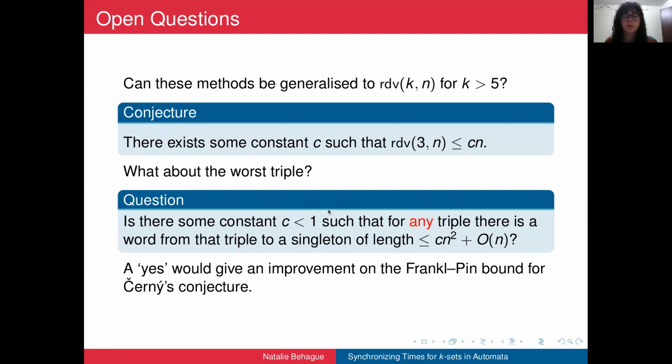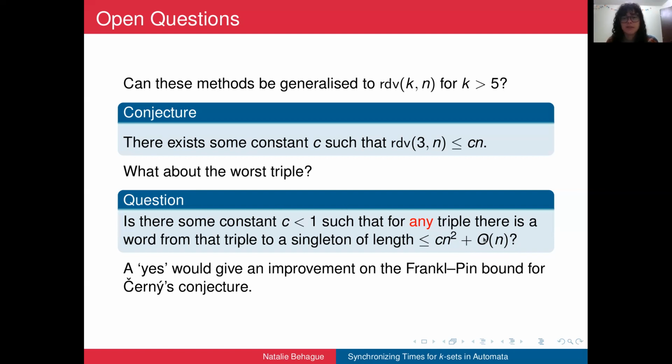And why would that be true? Well, if you know that you can go from a triple to a singleton in length at most c n squared steps, then you can just go from the set of all states to the singletons by going through 2 layers at once. I won't go into all of the details, but you can basically think of it as the Frankel-Pin bound going from 1 layer down to the next layer, down to the next layer, 1 layer at a time.